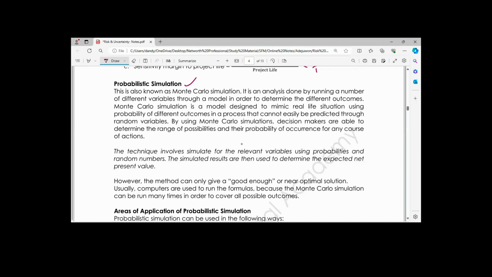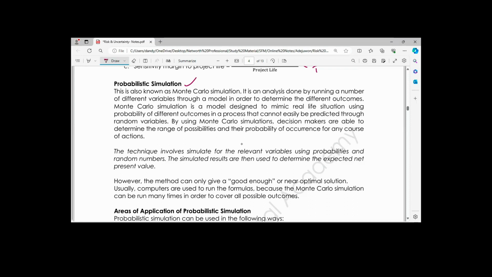It is an analysis done by running a random number of different variables through a model to determine the different outcomes. So simulation is a model designed principally to mimic a real-life situation using probability of different outcomes in a process that cannot easily be predicted through random variables.